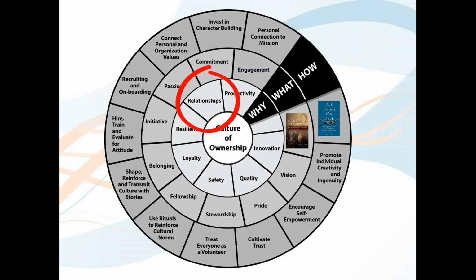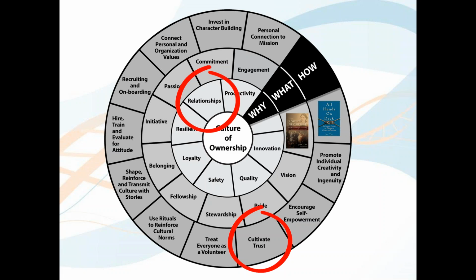And of the 30 tables, 28 had started on the inside with relationships, and more than 20 had cultivate trust on the outside. Now, in the what ring in the middle, there were a lot of different answers.